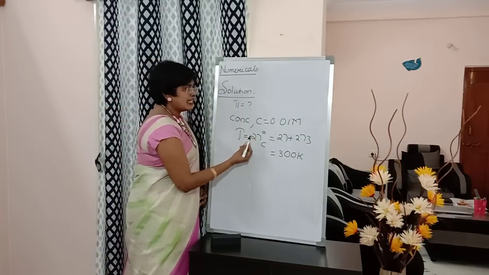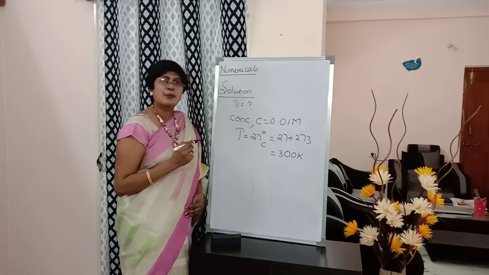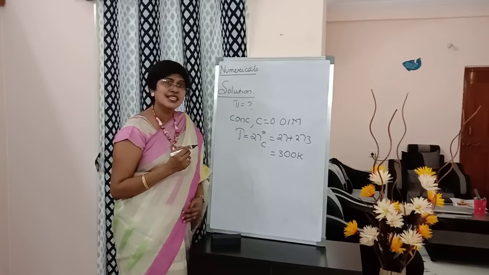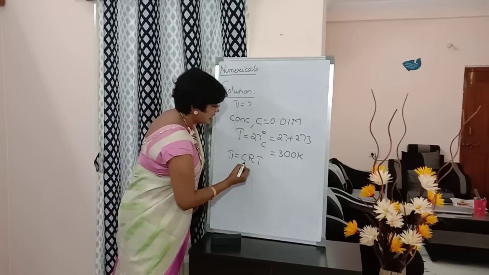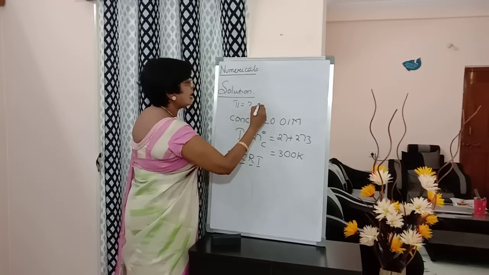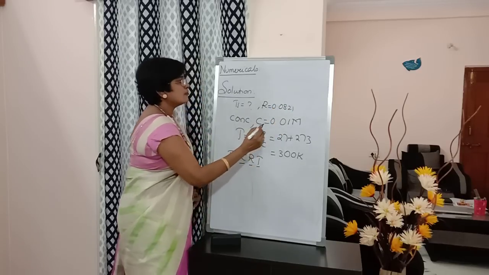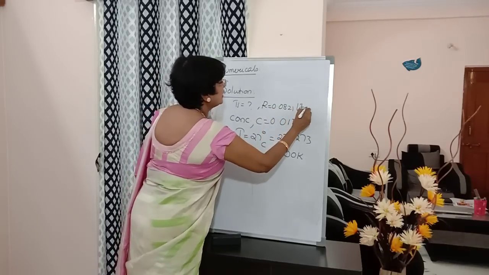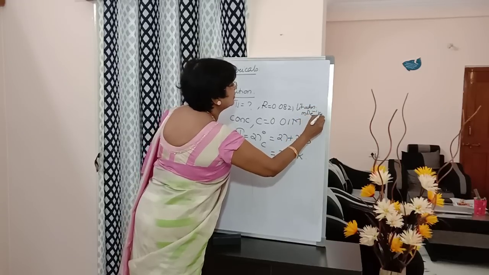We have concentration, we have temperature, we need to calculate pi. What is the formula? Pi is equal to CRT. Write down R is equal to 0.0821 liter atmospheres mole inverse Kelvin inverse.